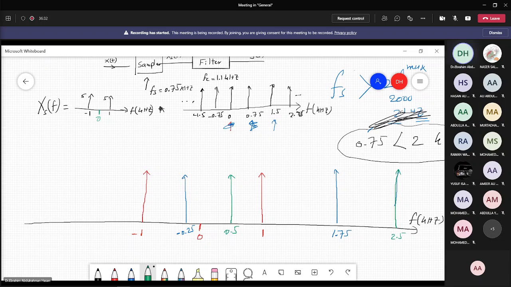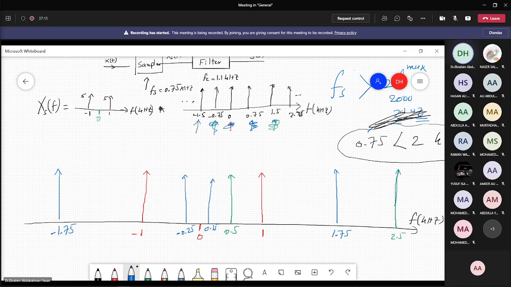Similarly with 2.25, it is equal to 2.25 plus 1, so 3.25, and 2.25 minus 1, which is 1.25, and so on. Similarly, if you convolve with minus 0.75, plus 1 gives minus 0.25, so you will get here at minus 0.75 plus 1 and minus 0.75 minus 1, which is minus 1.75.